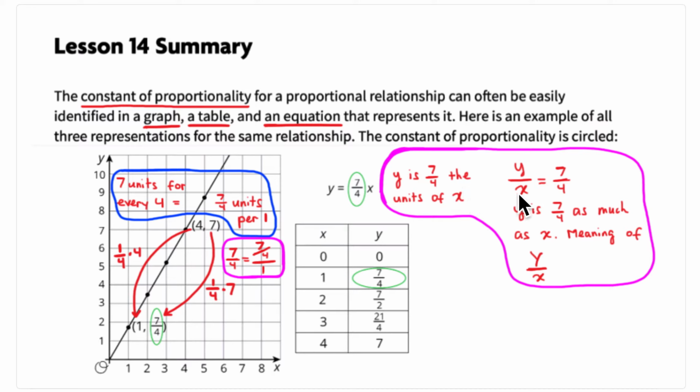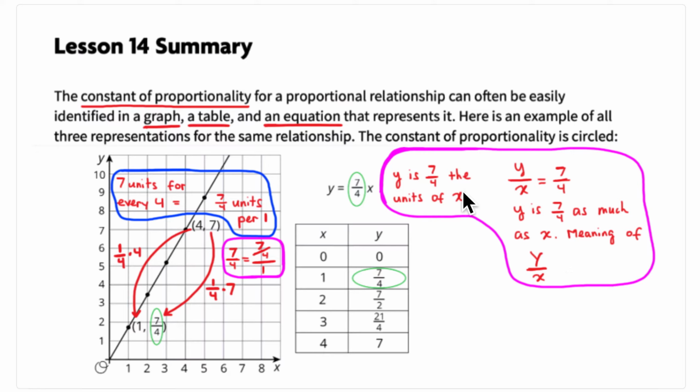And so y divided by x, that's how you get to the constant of proportionality, is equal to 7 divided by 4, or 7/4. So if you ask the question, how many of these units of x can you get out of y, whatever y is, you can get 7/4 as much. So 7/4 of these units of x. So that's the meaning of the division. So y divided by x is equal to 7/4.